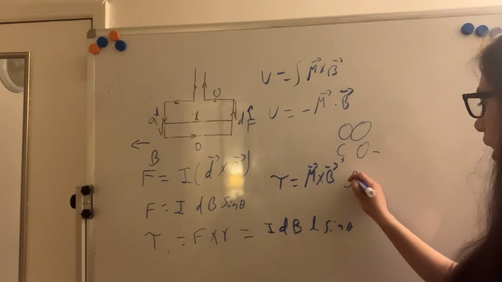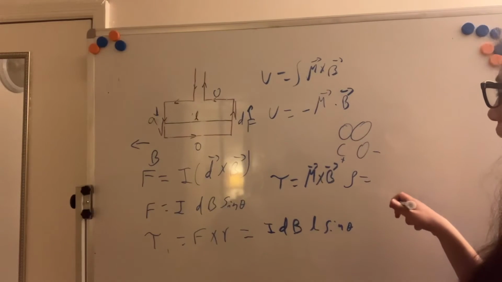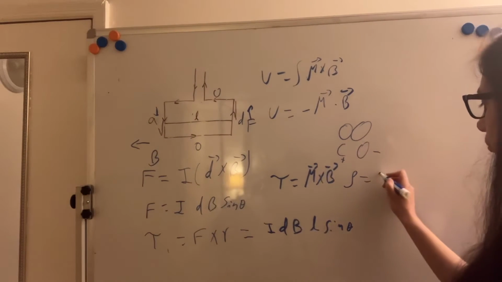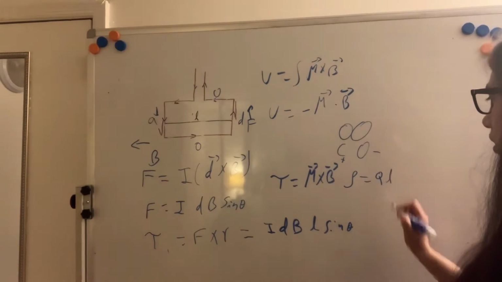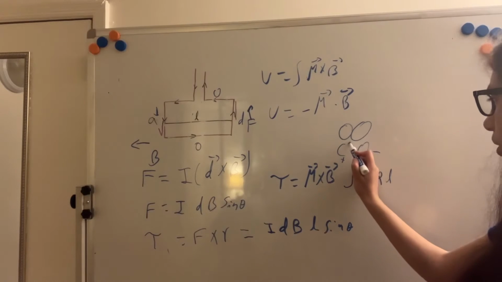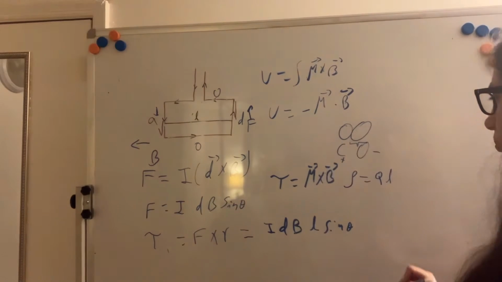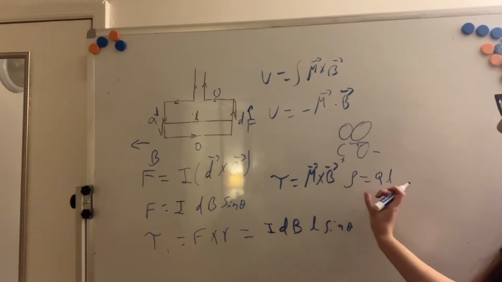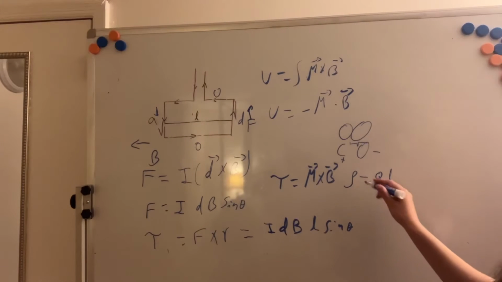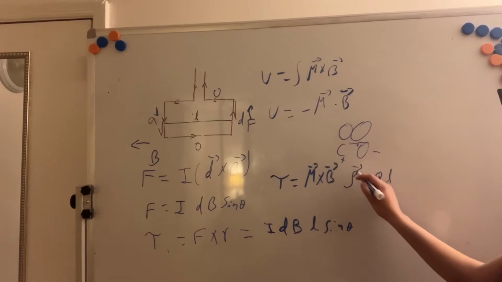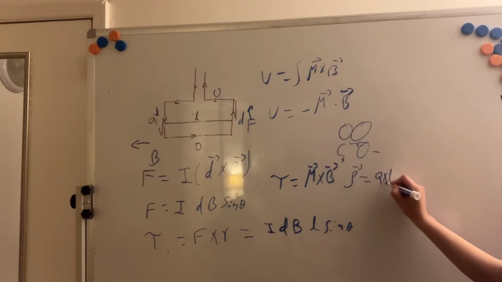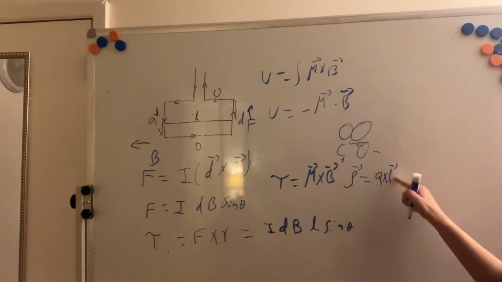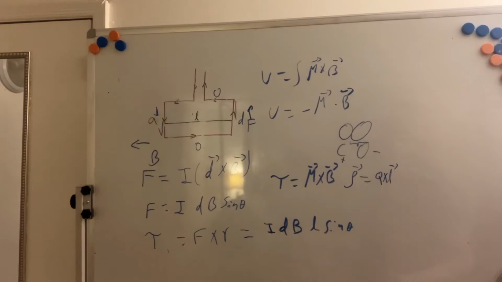The electric dipole moment is Q, the charge, times the distance. So it could be this distance, for example, from the center. This is called the electric dipole moment. If we want it in vector notation, we'll put a cross product here, and this length is in the direction of the electric field.